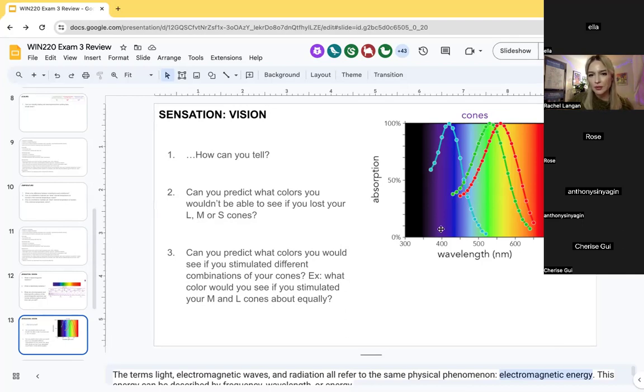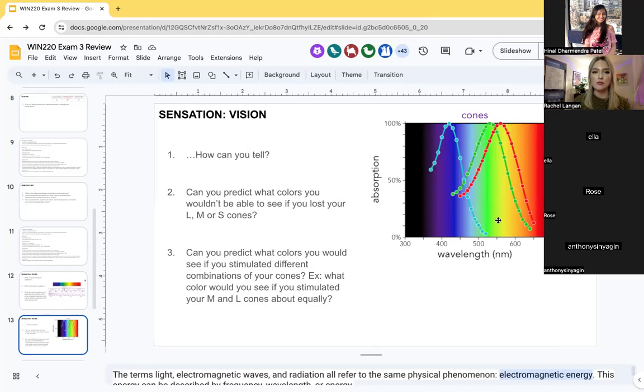And I haven't showed the rod's absorption spectrum here, but the important point is there's only one absorption spectrum for rods. And if it's just one, then there's nothing for the rods to compare their activity to. In order to see color, you need to have more than one photoreceptor, and your brain needs to be able to compare those two.